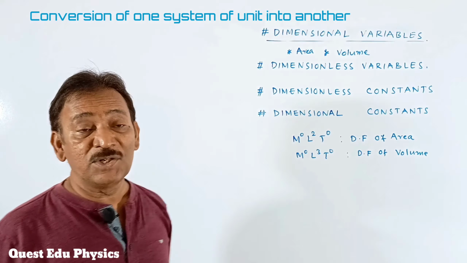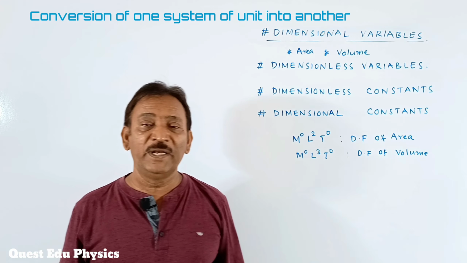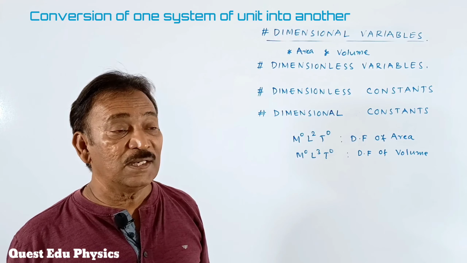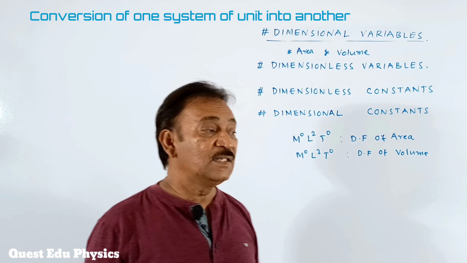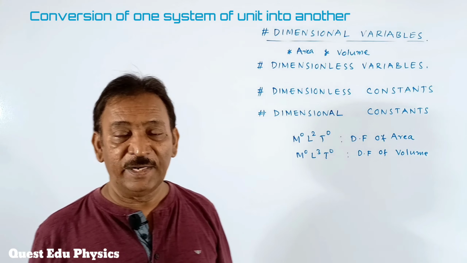Second is dimensionless variables. A few physical quantities don't have any dimensions. You can take strain. Strain is a dimensionless variable, students. What is strain?